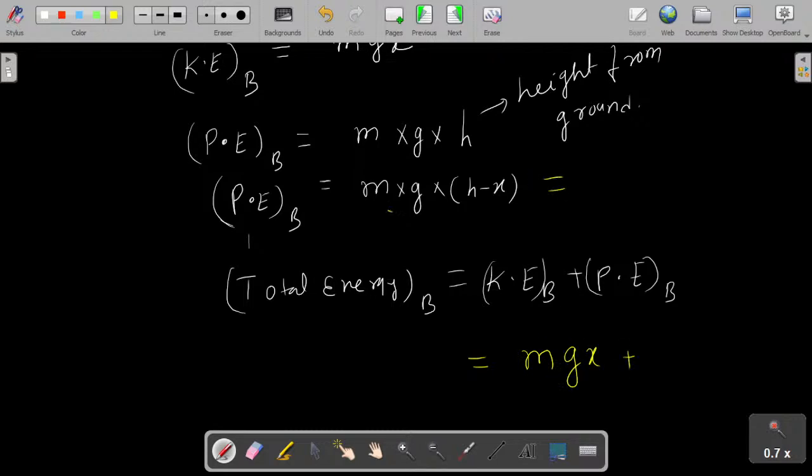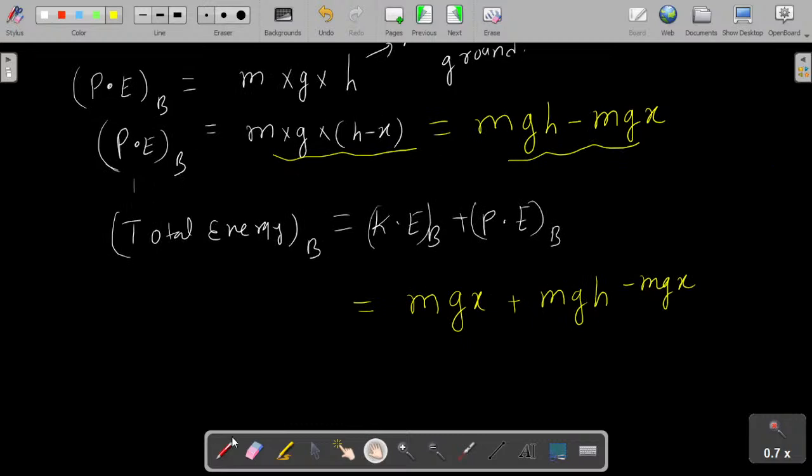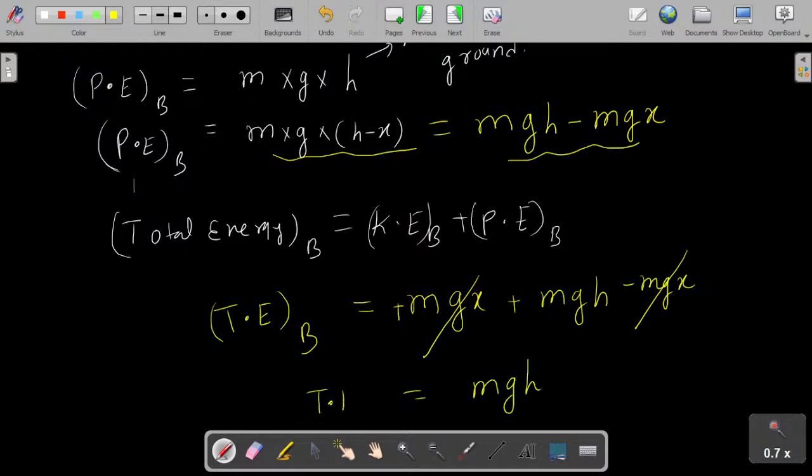And if you solve this equation, you will get mgh minus mgx plus mgx. So this is plus, this is minus, plus and minus will cancel, and you will get mgh. This is the total energy at point B. It's mgh.